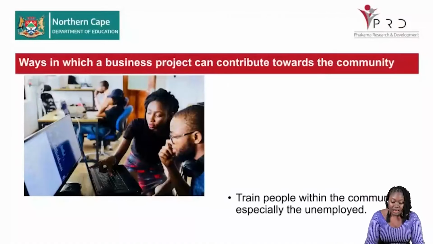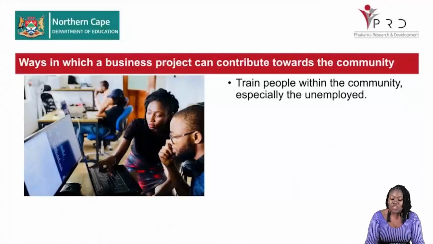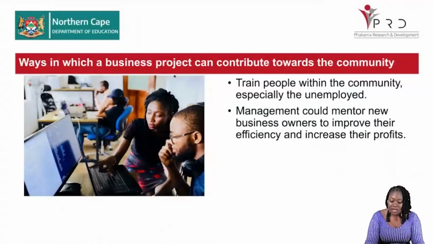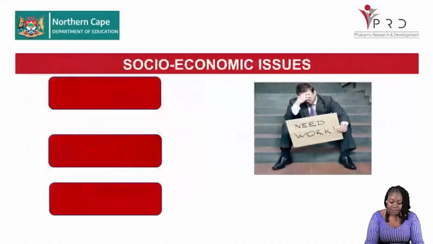Another way is that businesses can train people within the community, especially those who are unemployed. They can give them a skill that will make them employable. Businesses can also make sure that management mentors new business owners to improve their efficiency and increase their profits.